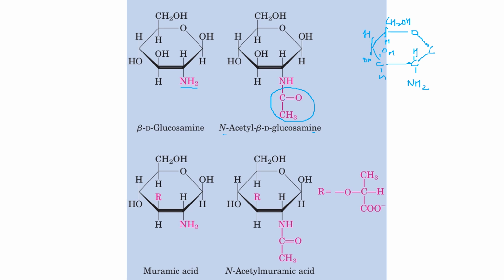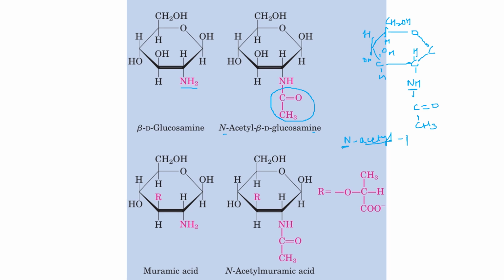Now N-acetyl glucosamine means this N has been acetylated. So there will be an attachment of acetic acid. This will be NHCO. So it will now form N-acetyl. N-acetyl means there is an acetyl group attached to the amino group.